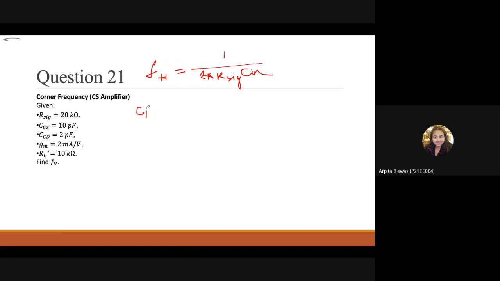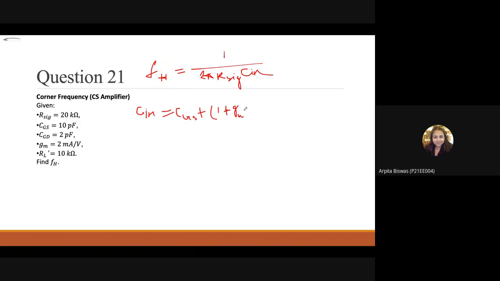What is the formula to find out the C in for a common source amplifier? CGS plus CGD into 1 plus GMRL, right? Yes, ma'am. Just cross check where the plus is added.